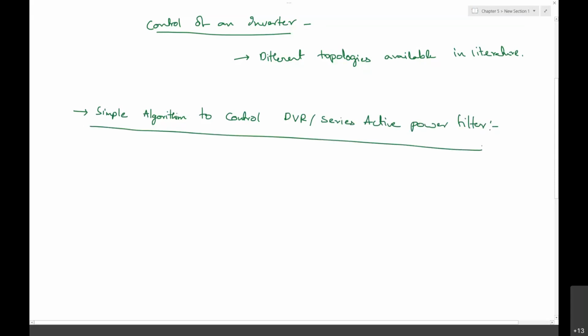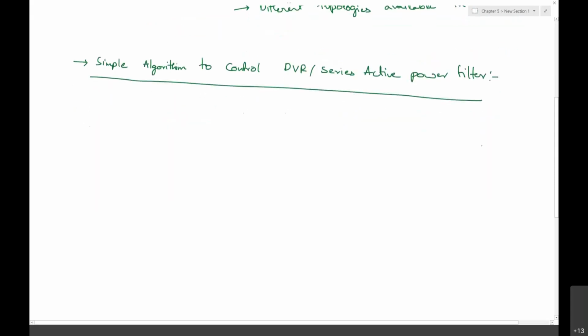In order to have a simple algorithm, you all know about it, the hysteresis current control technique, right? This has been taught to you in an earlier course also. I'm just going to brief about how this is going to operate.